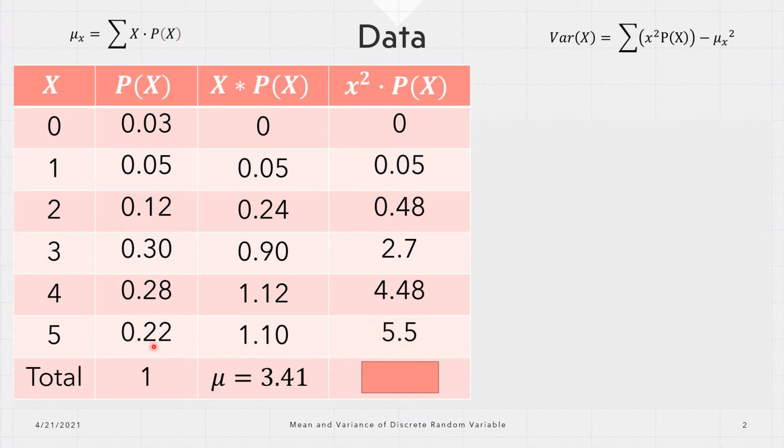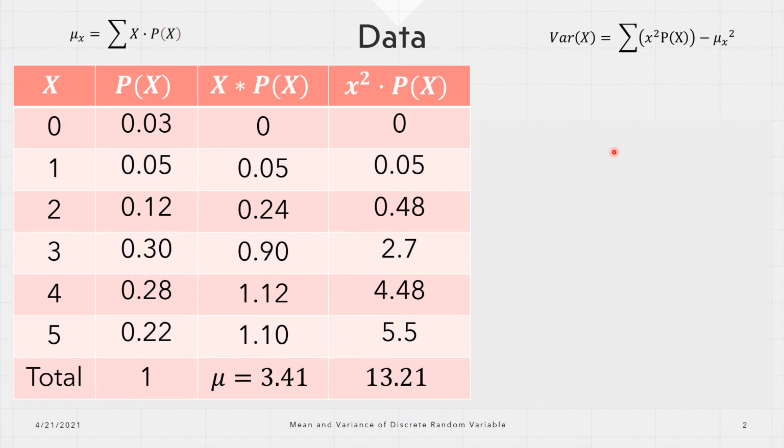That will give us 5.5. And now, let us add all these products. That will give us 13.21. So we already have the summation of the square of the scores and its corresponding probability.